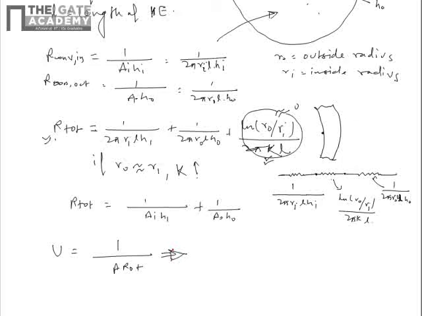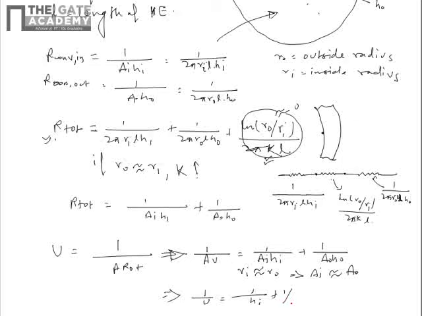From here we can write 1 by UA is equal to 1 by Ai Hi plus 1 by A naught H naught, and since Ri is approximately equal to R naught, this implies Ai is approximately equal to A naught, that is, 1 by U is nothing but 1 by Hi plus 1 by H naught. This is important. Remember this.